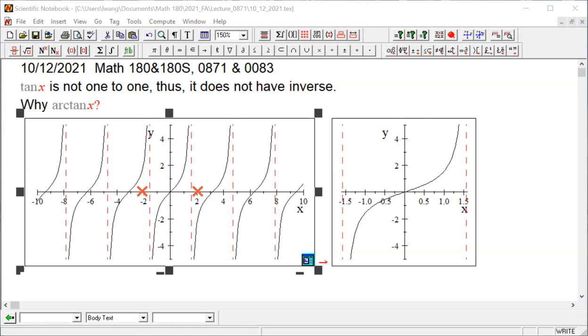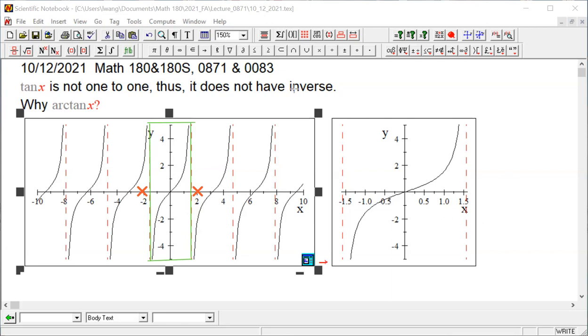What's being left is just this piece. Just this box. When I magnify this green box, it's over here.